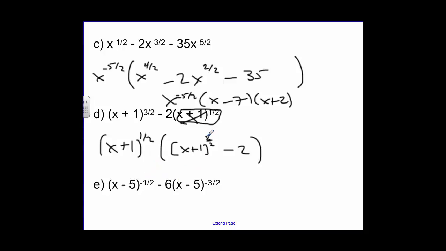So a final answer here, well, 2/2, that can just go away, right? That's the power of 1. If all this is to the power of 1, x plus 1 minus 2, that's just x minus 1. So that's x minus 1. And then in front, maybe we could just call it the square root of x plus 1. That would be a good answer there, right? Because a 1/2 exponent means it's being square rooted.